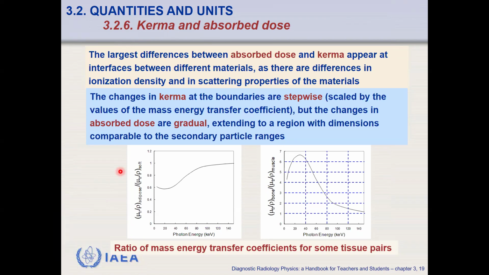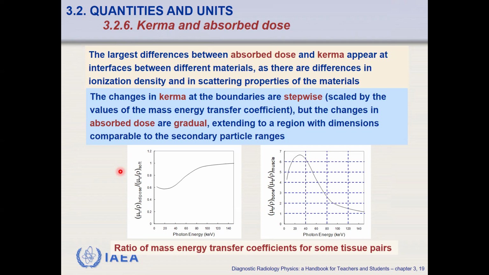So we were talking about the kerma and absorbed dose, the relationship between kerma and absorbed dose, and the difference between them. The interface has an effect on the result. The interface between tissues with different densities, the interface between tissues with different compositions.